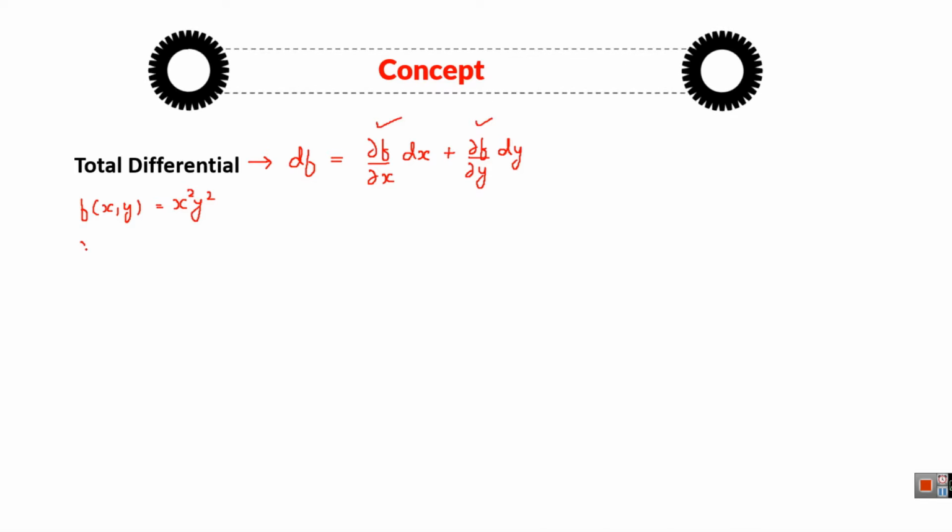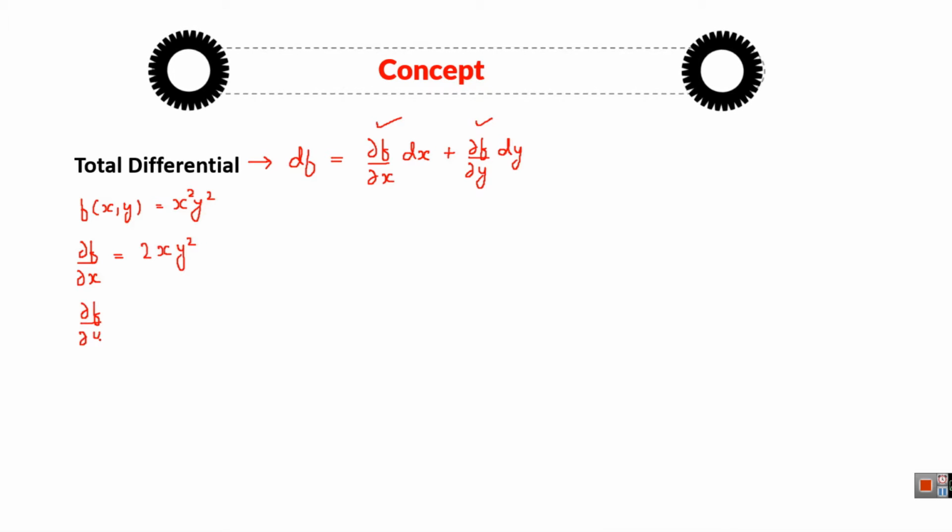First we will find the partial derivative with respect to x. As we are taking the partial derivative with respect to x, y square will be treated like a constant, so our result will be 2xy square. Now we will find the partial derivative of that function with respect to y. Now x square will be treated like a constant, so we will get 2x square y.